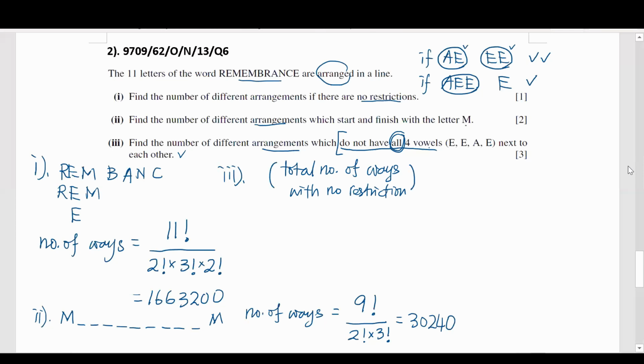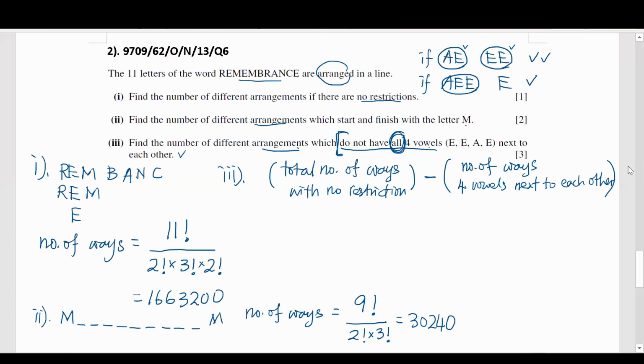Then we minus off the number of ways that all 4 vowels are next to each other. By using this method, we get the number of different arrangements which do not have all 4 vowels next to each other.